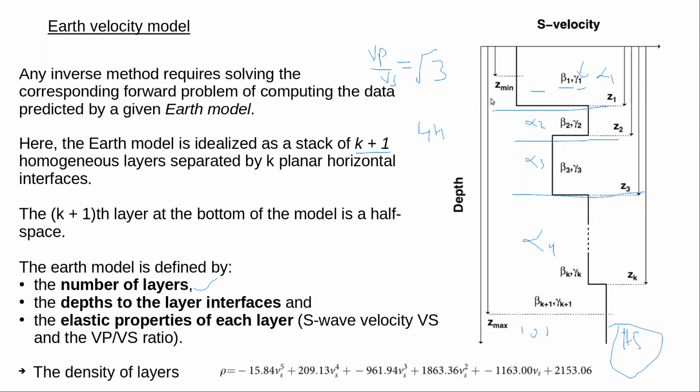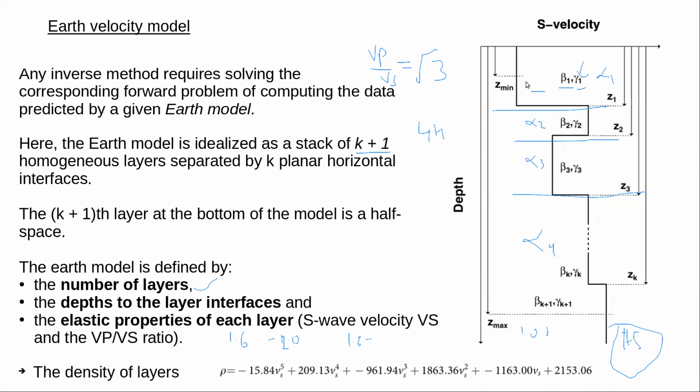We use some Poisson's ratio, say 0.25 or something, but it changes for each layer, so we can define some range. Usually it's between 1.6 and 2.0 for the crust, and between 1.6 and 1.9 for the mantle or something.